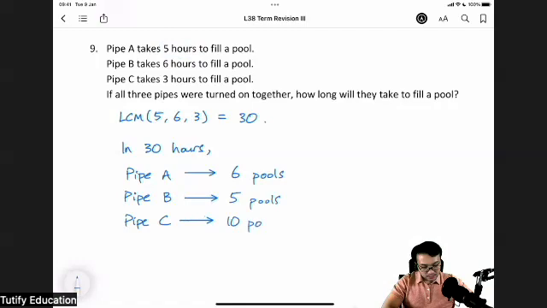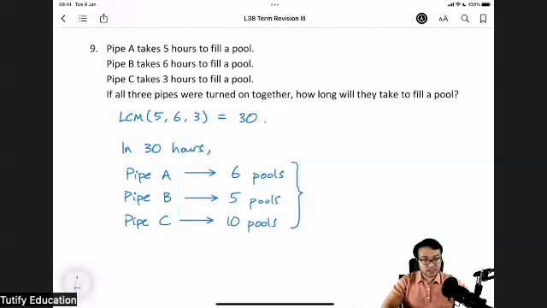Absolutely. Now, if I were to turn on all the 3 pipes together, if I give them 30 hours, how many pools are they going to fill up? I give them 30 hours. I turn them on at the same time. All of them are running.